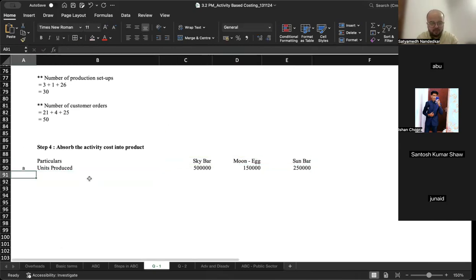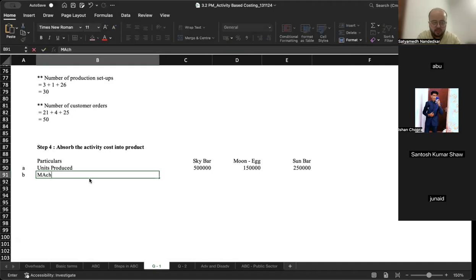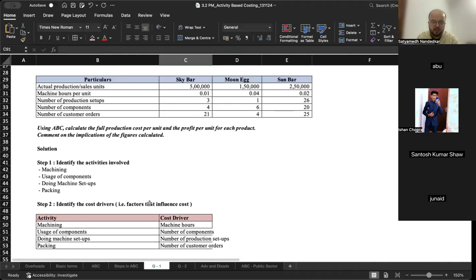Then you have number of units produced. Now you have to start with every single cost item. Let's go with the machining cost first. So I will need machine hours per unit.